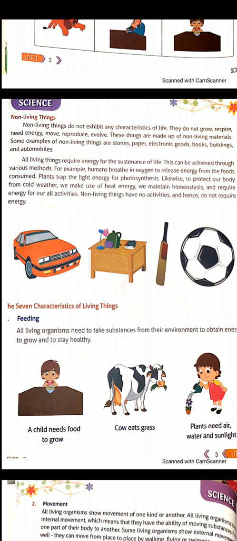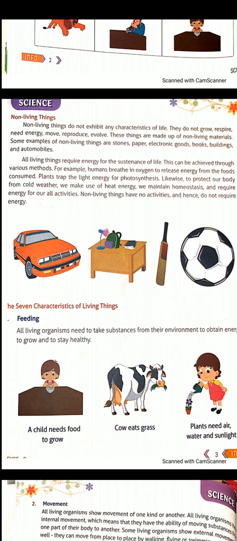Okay, now why will the plant trap sunlight? The plant will trap sunlight because it will use this sunlight energy in the process called photosynthesis to produce its own food. Afterwards, the plant will consume the produced food and get energy. In this way, the plant will get energy and it can perform its activities.